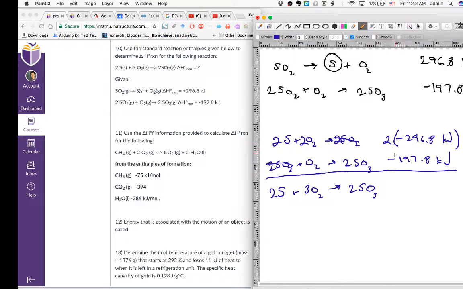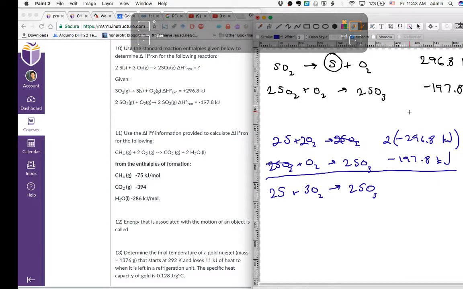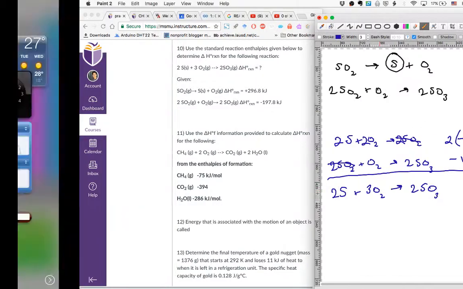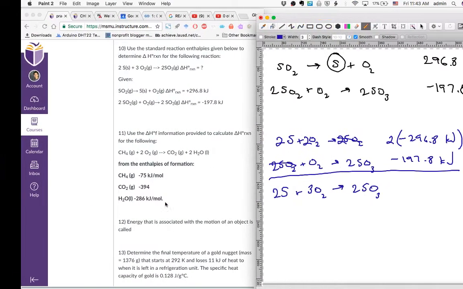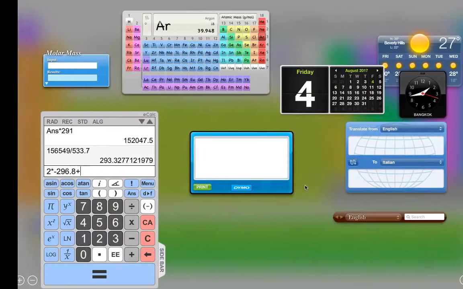So the enthalpy for this reaction is equal to the sum of these enthalpies. So I'm going to multiply this by 2 and then add them together. 2 times 296.8, 2 times a negative, plus negative 197.8.